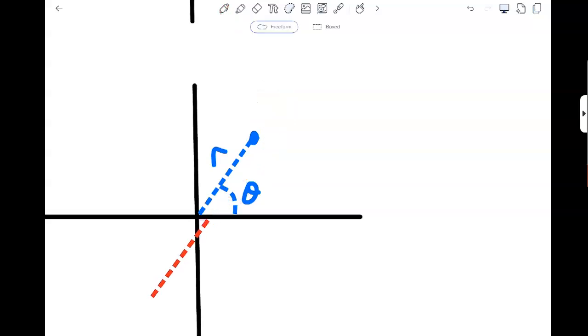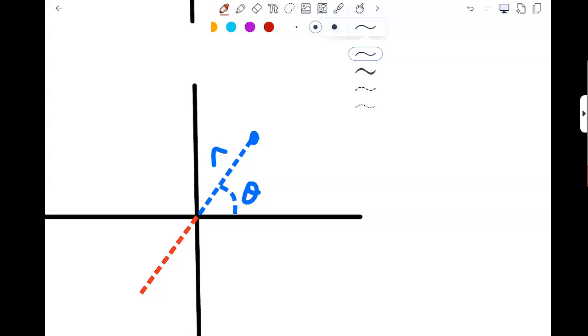Okay. So we could also do the problem like this and say, hey, let's measure our angle not to that direction, but the direction in the other quadrant. In other words, I'm going to measure my direction here. Call that theta star.